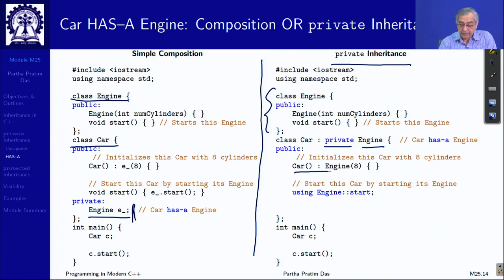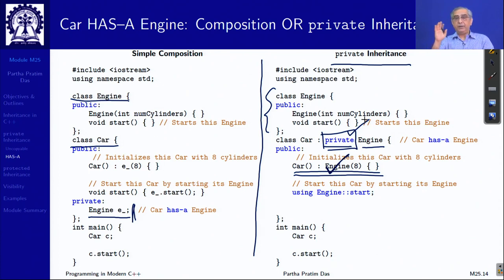That part of has-a, is a component of, is common between doing the embedded object and doing an inheritance object. But I cannot do public here, because that is not the concept that I am trying to implement. I am just trying to use this feature that the engine object will be a part of the car object. So, I can use private inheritance for that, another use case for private inheritance.